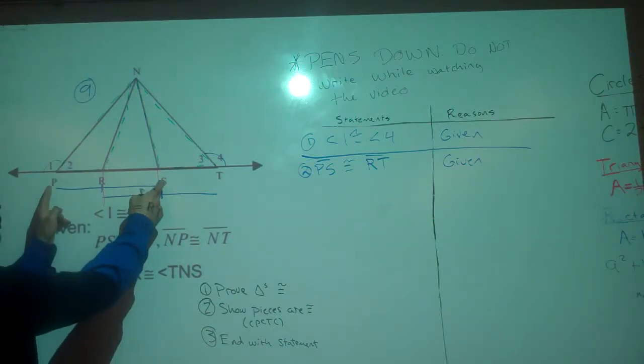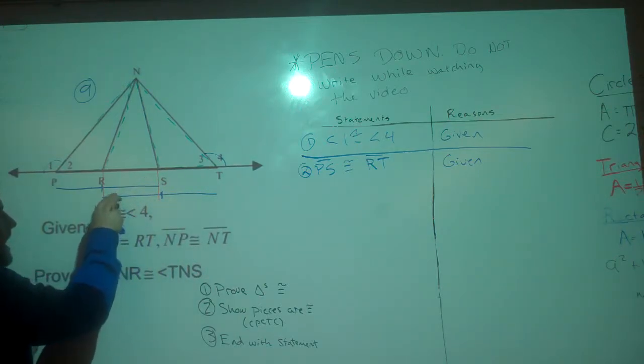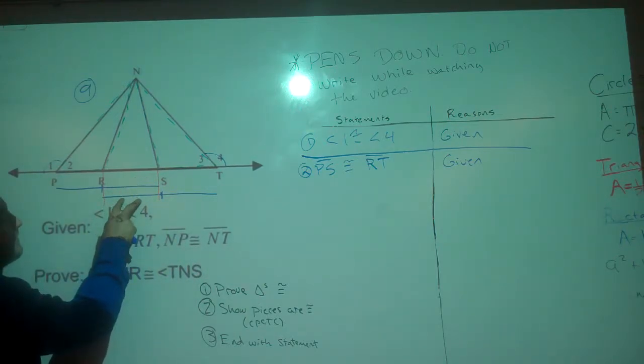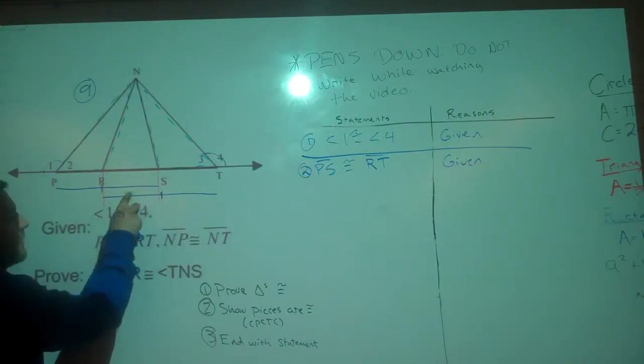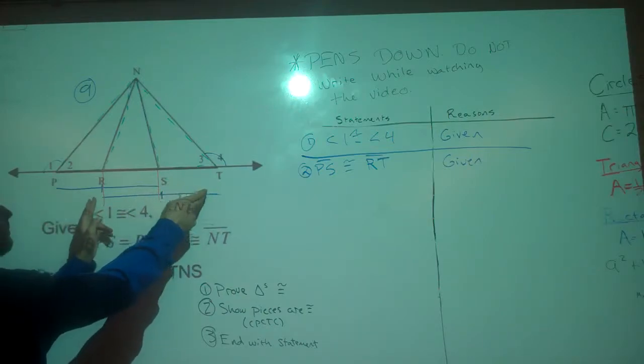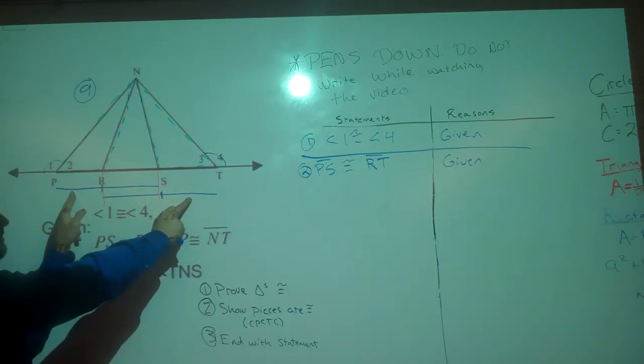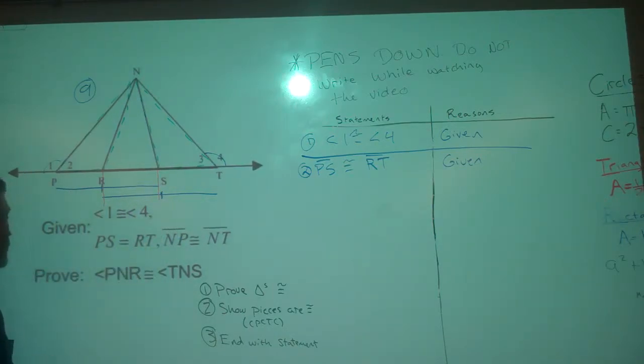So here I knew the whole thing was the same as this whole thing, and it has to be true that this side is the same as this side because they are the same exact side. If the entire thing were 12, and this piece in the middle was 5, then each of these pieces on the side would have to be 7.